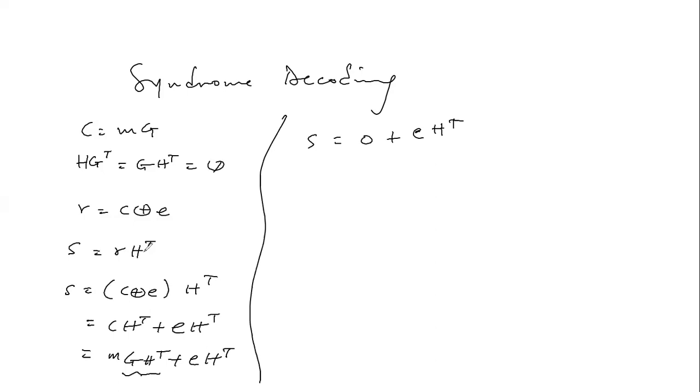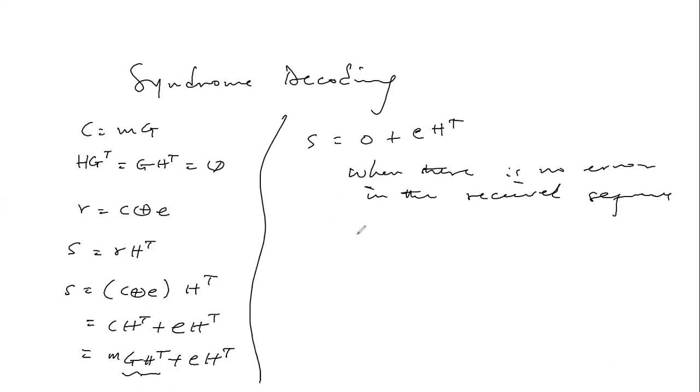So when there is no error in the received sequence, then E H transpose will also be 0, so that the syndrome will be 0.